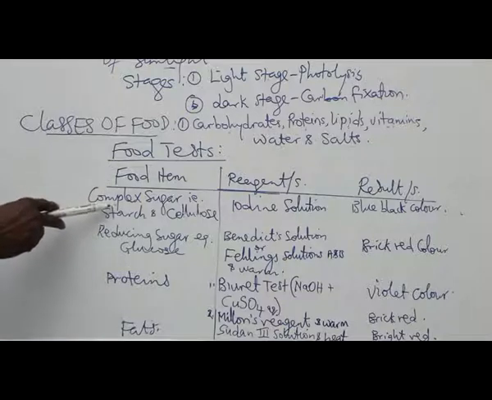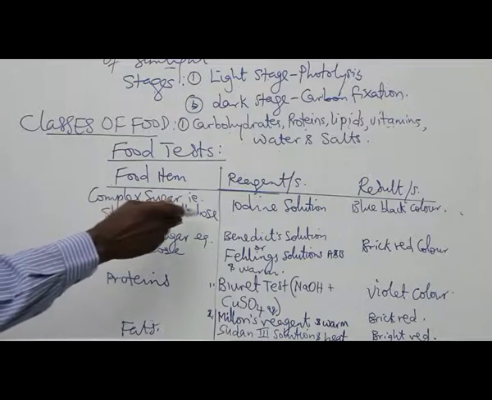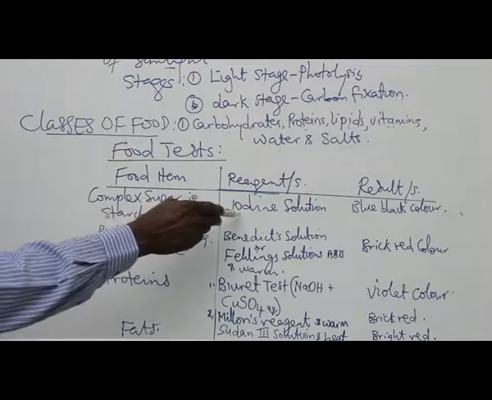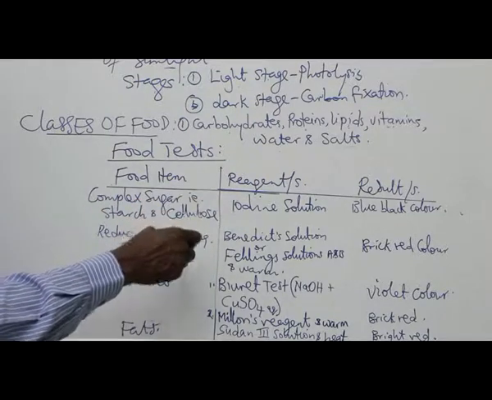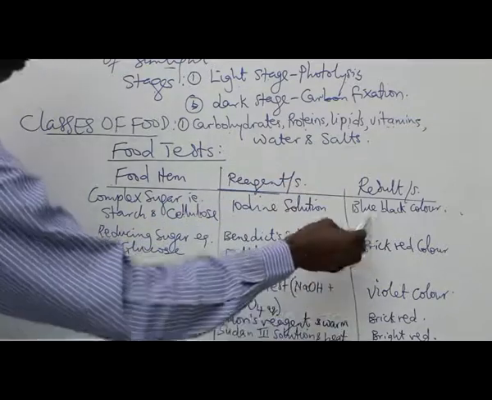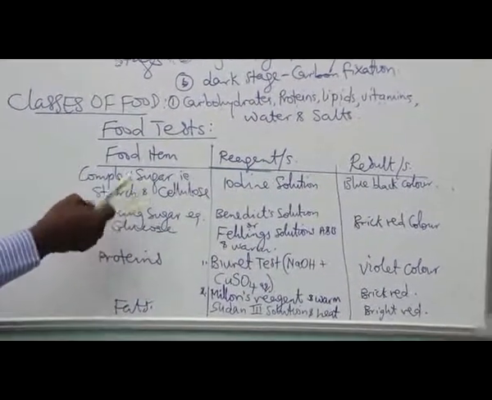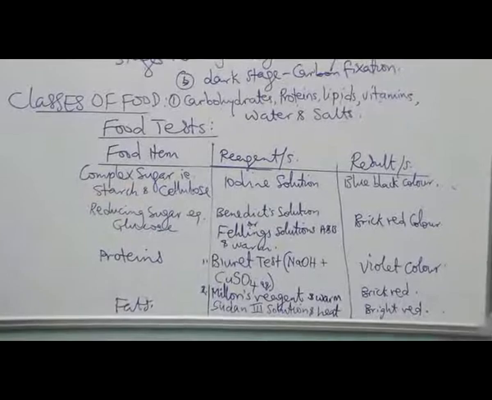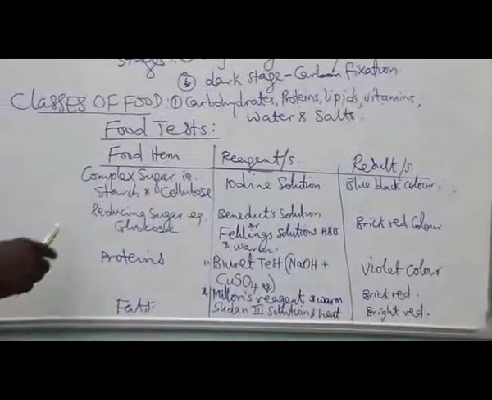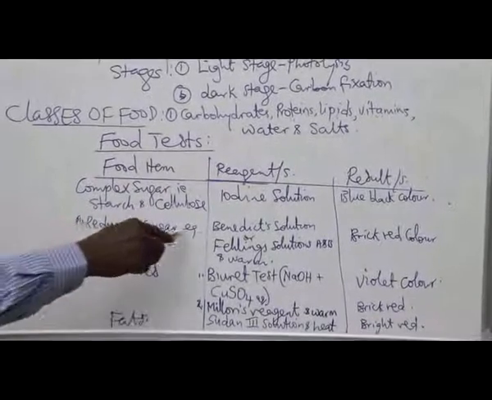For food items like complex sugars, like starch, you make use of iodine solution. You add iodine solution to them. What you have is a blue-black color, which shows the presence of starch, or that the substance contains starch or cellulose. The other carbohydrate that can be tested is reducing sugar.